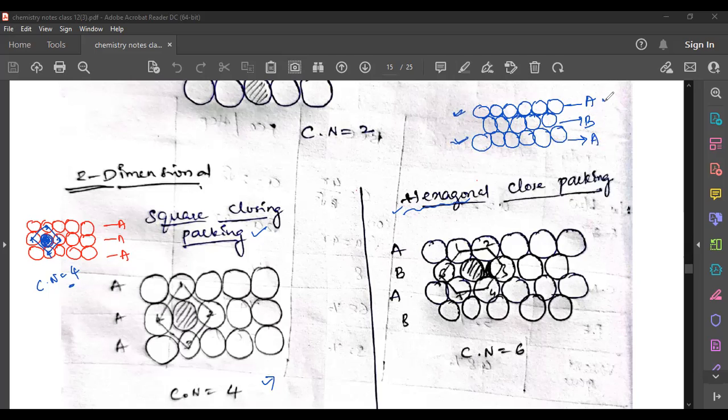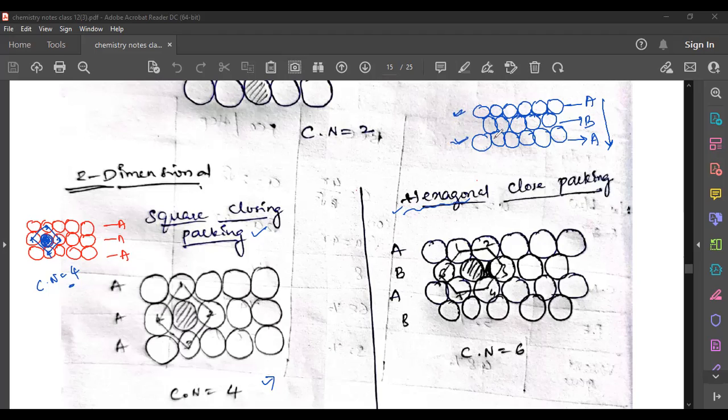So what is this type of pattern? ABA type of pattern. So two-dimensional is nothing but hexagonal close packing. First we'll place one row, then the second row of atoms will be placed in the depression of the first row of atoms, so that it has a different arrangement.